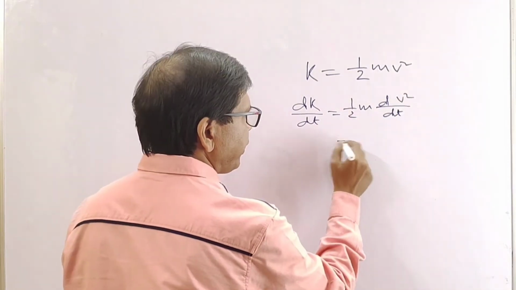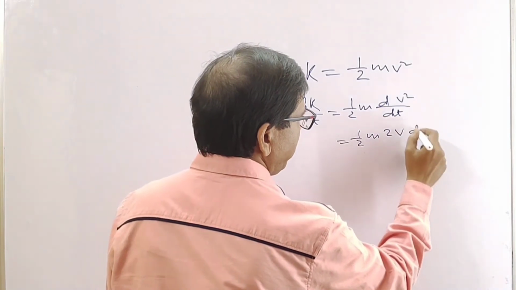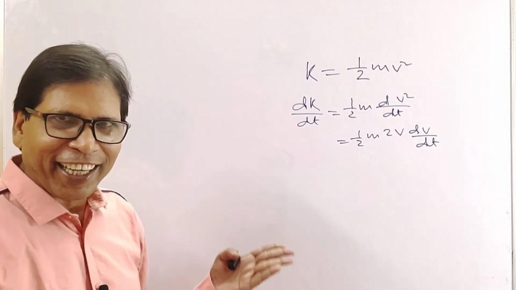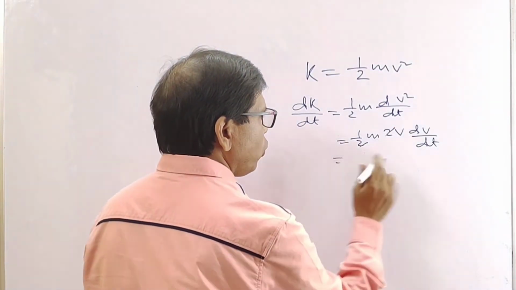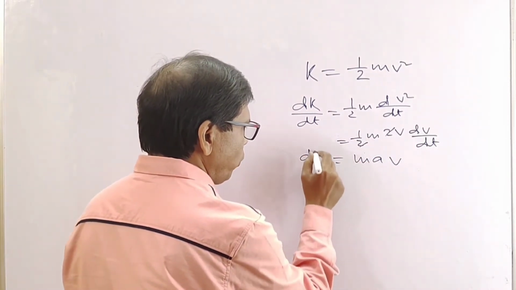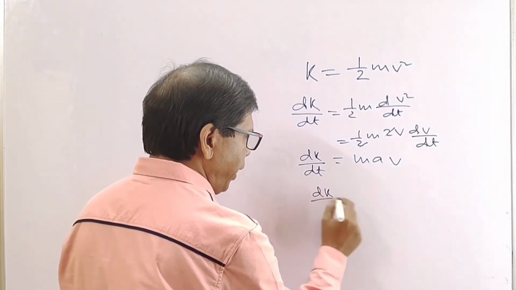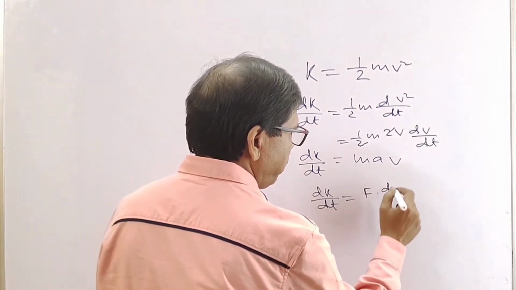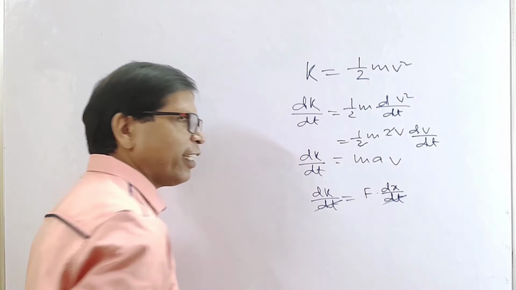Okay, so this is half m into 2v dv by dt. Now we know dv by dt is equal to acceleration. Here 2 and 2 cancel. So this is m into a into v equal to dK by dt. Okay. Now dK by dt is equal to force into v, meaning dx by dt. Now dt and dt cancel out.